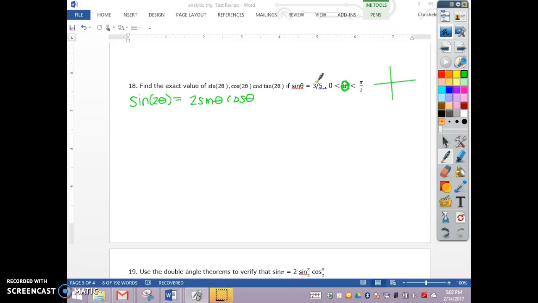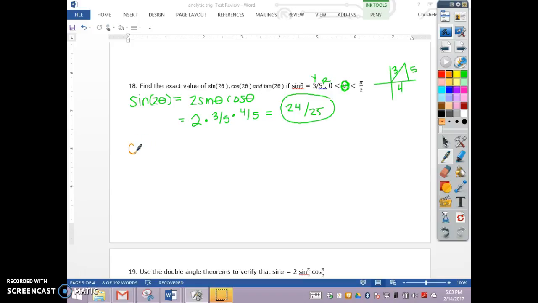So I have the sine is y over r. So y over r, using the Pythagorean theorem, I have a 4 here. So 2 sine cosine. 2 times 3 times 4 is 24. 5 times 5 is 25.